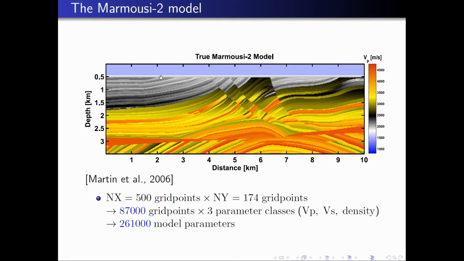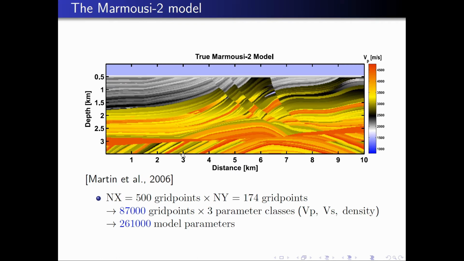And as you can see, the model is quite complicated. So we have a marine environment, so the top 400 meters are actually a water column. Below that we have an isotropic elastic medium. The model extends down to 3.5 kilometers in y direction, and lateral extension is about 10 kilometers.